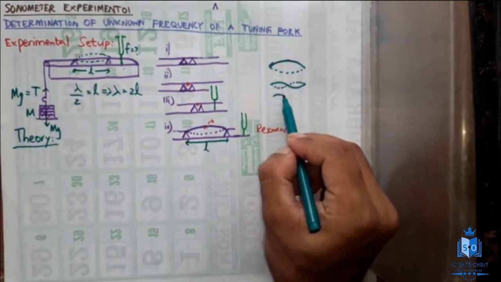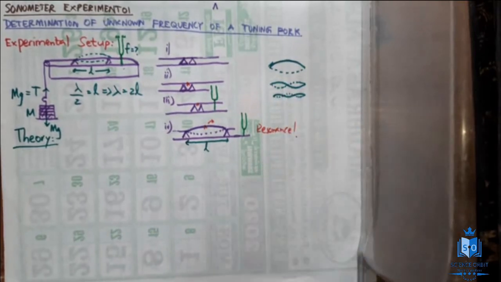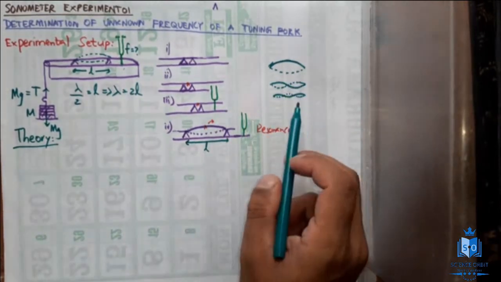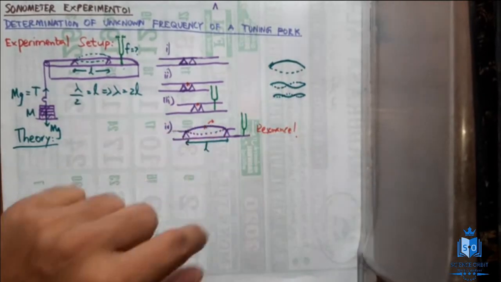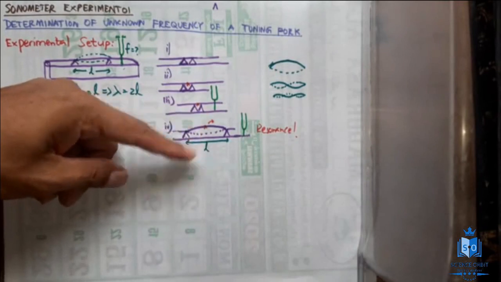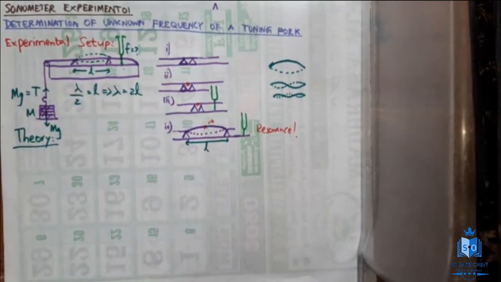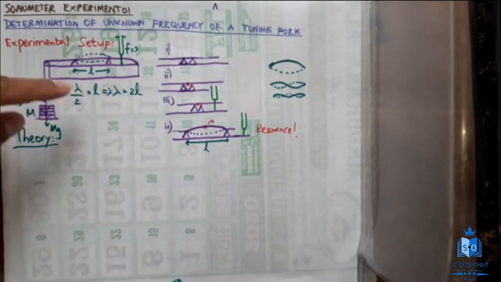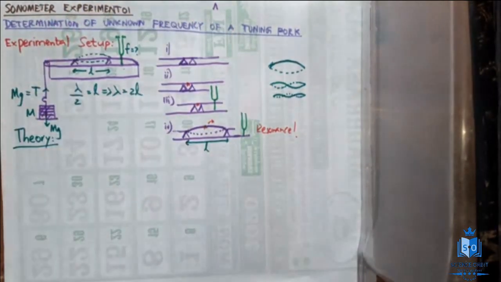During the second overtone, the amplitude is even less. So, it is very difficult to observe the paper rider flying off unless we have a very large displacement of the string. That is why, to identify the resonating state very clearly and accurately, we use the fundamental mode, because the fundamental mode has the highest amplitude.